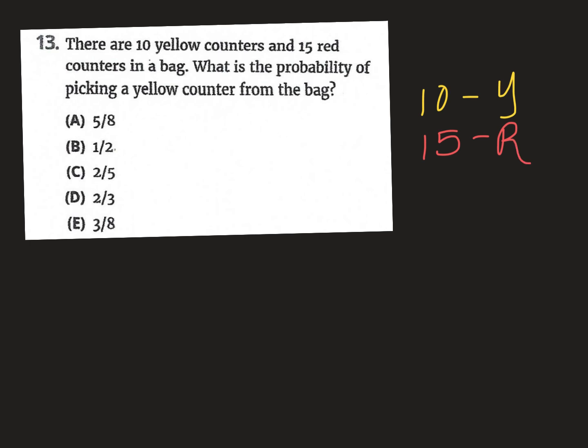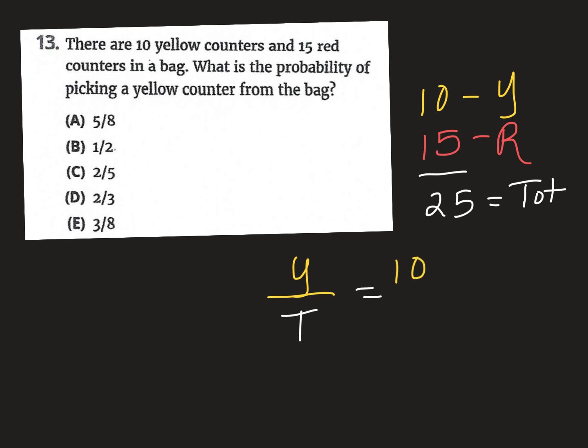What is the probability of picking a yellow counter? So there's 25 total counters. To figure out the probability of yellow, it would be yellow over the total. So yellow is 10 over the total is 25.